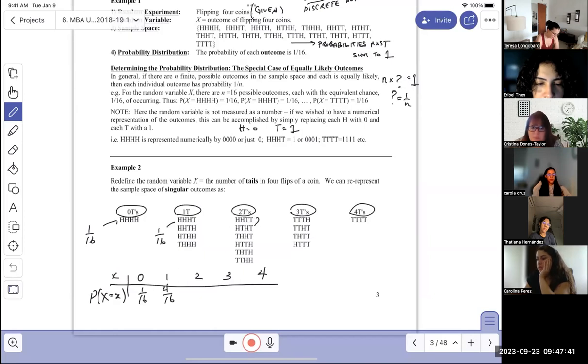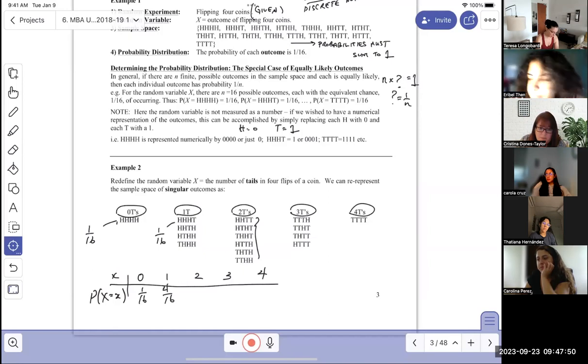This is what I mean, that most people have an intuition for probability that you can just add these together, right?